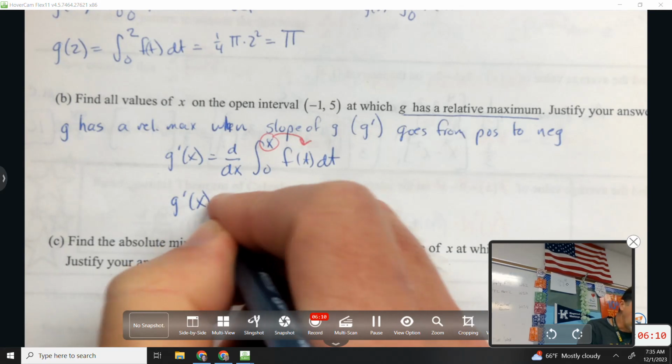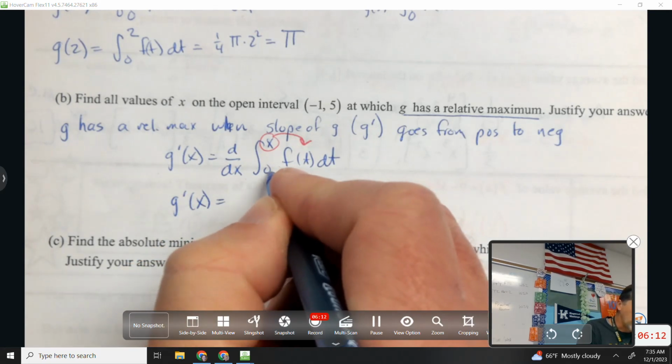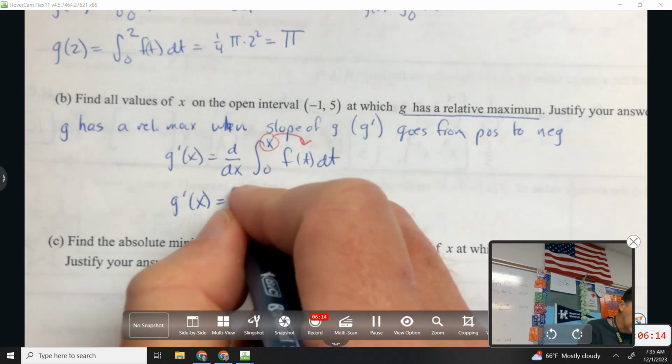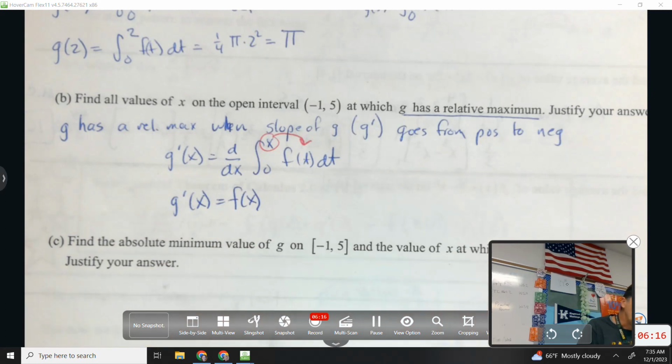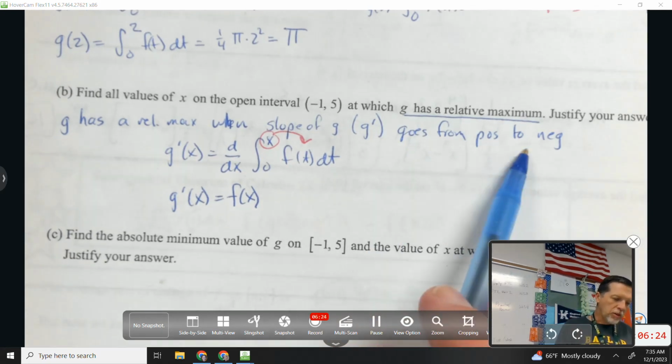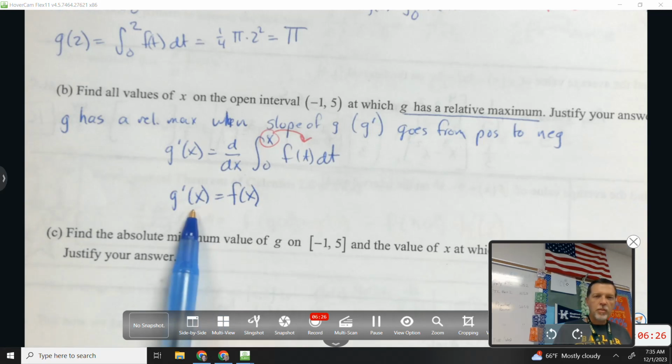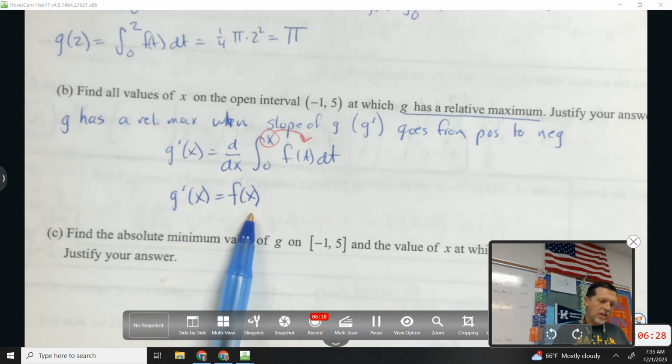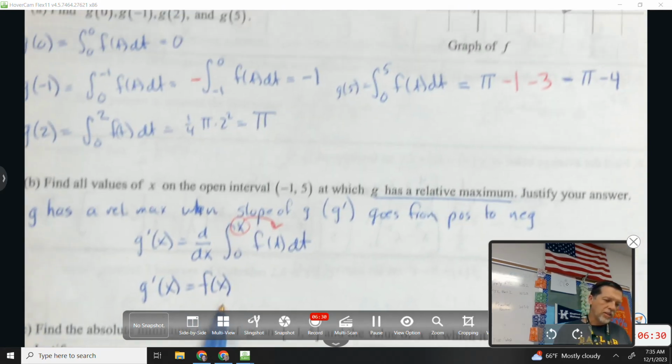I guess plug in the bottom one, but the chain rule off of 0 would be 0. So G prime is f of x. And now we can answer, so where G prime goes from positive to negative, but G prime is the same as f. So I want to know where f goes from positive to negative.